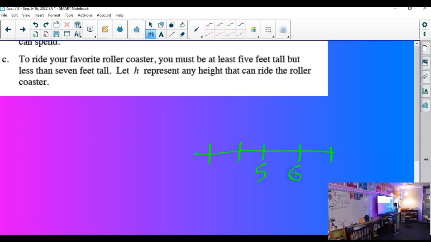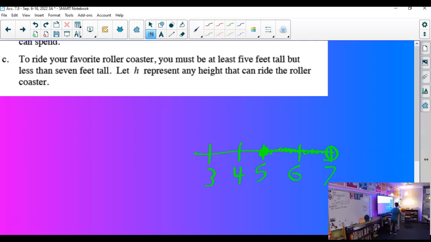So the question here that you want to ask yourself right now is, did you shade in the 5? Did you shade in the 7? One of them should be shaded in. Only one. Yeah, only one of them should be shaded. Caden, you want to talk this through? You can be at least 5, but no more than 7.